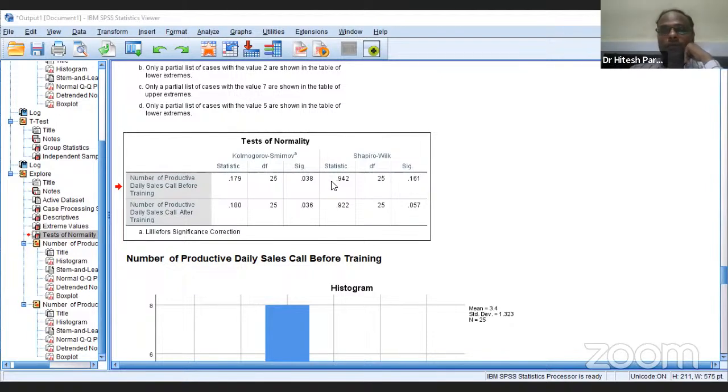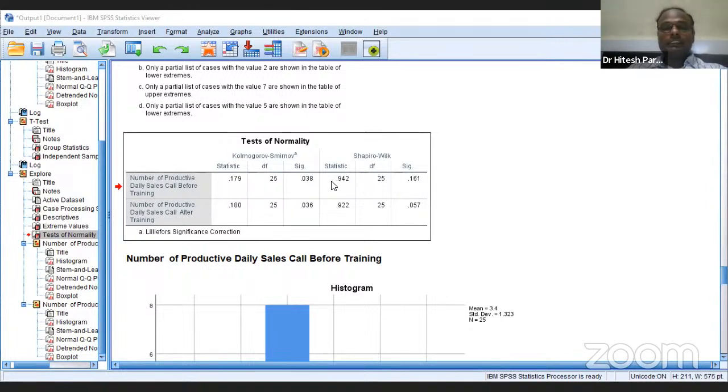Is it normal? It is not normal. Any p-value which is less than 0.05 means it is not normal. So the KS test is saying it is not normal.